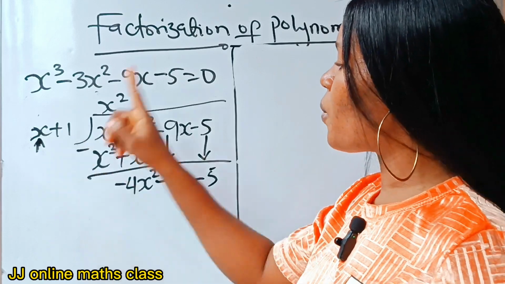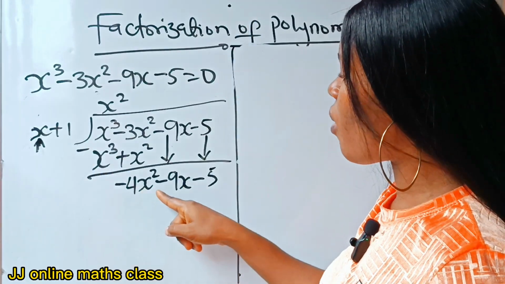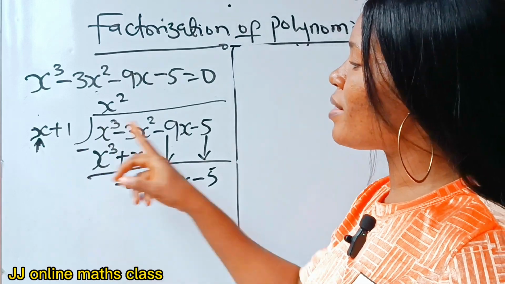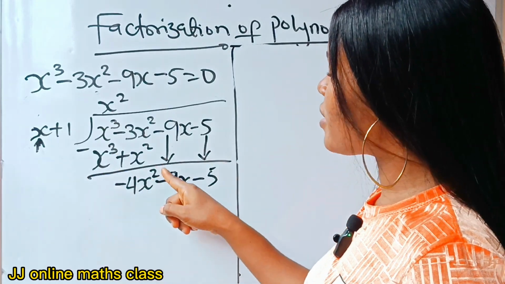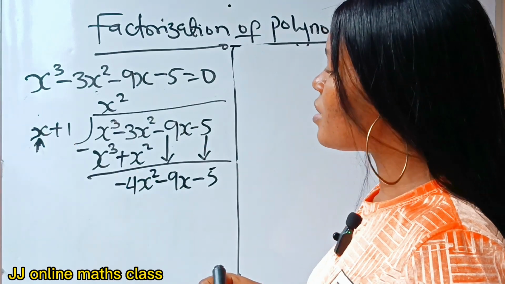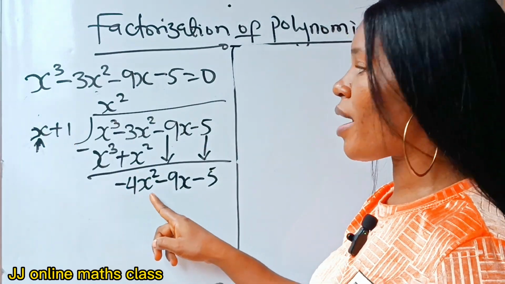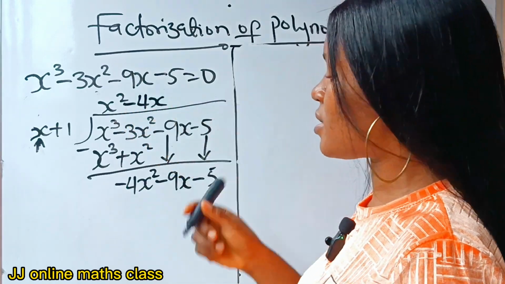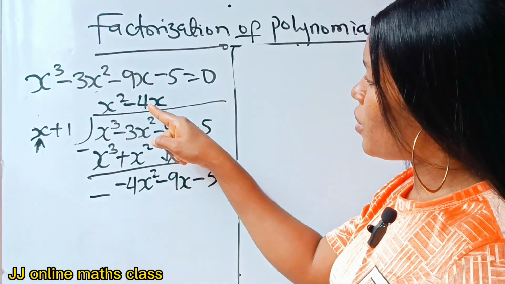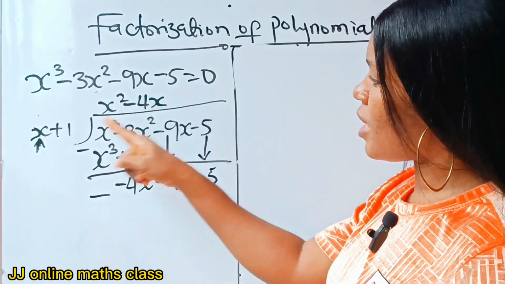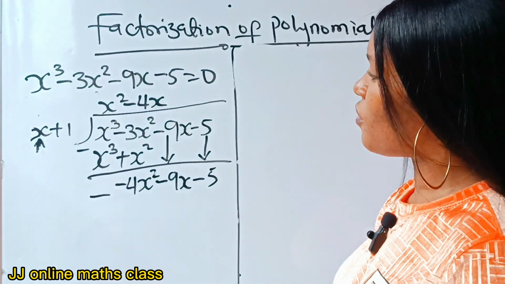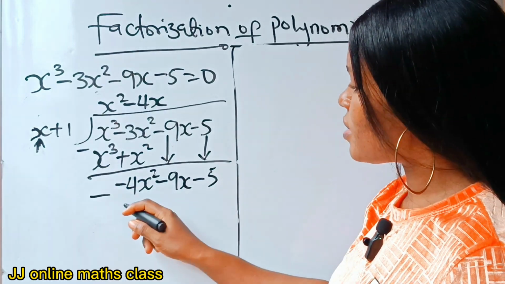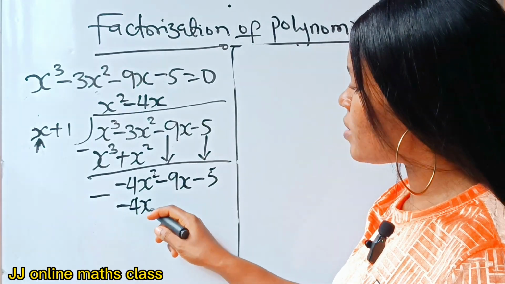So this x now will come and divide minus 4x squared. And when that happens, minus 4x squared divided by x is going to give us minus 4x, right? Yes. So you have minus 4x. Minus 4x times x is going to give us what? Minus 4x squared.